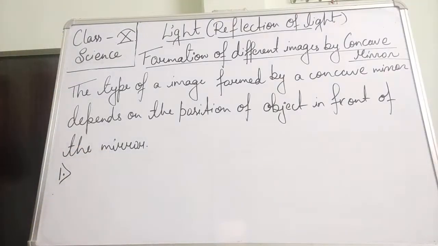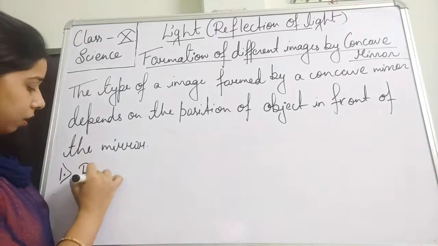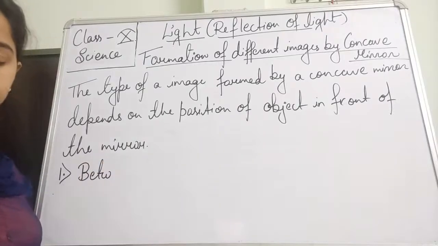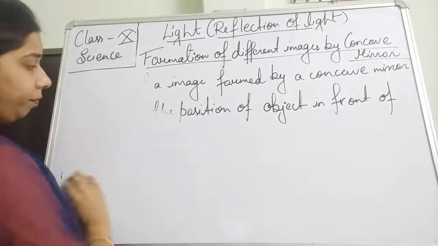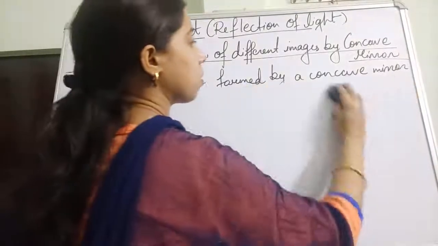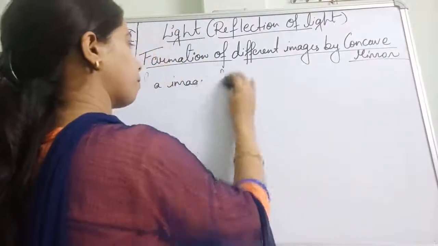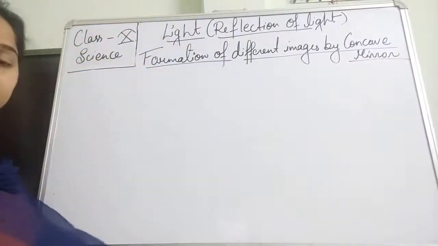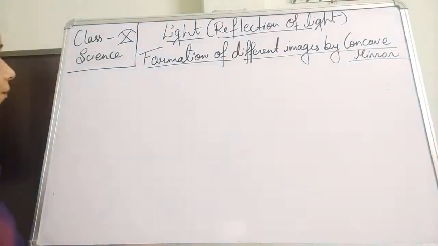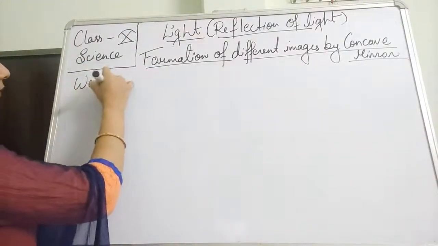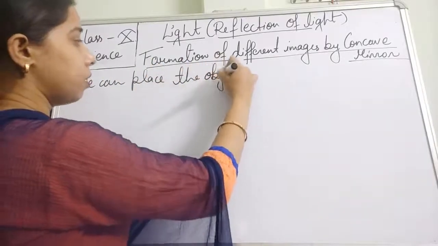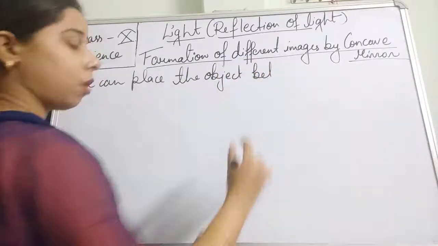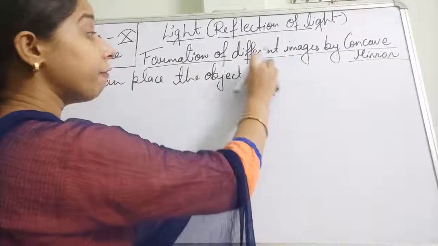The first position: we can place the object between the pole and focus.